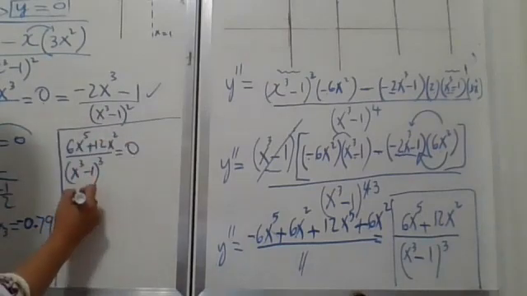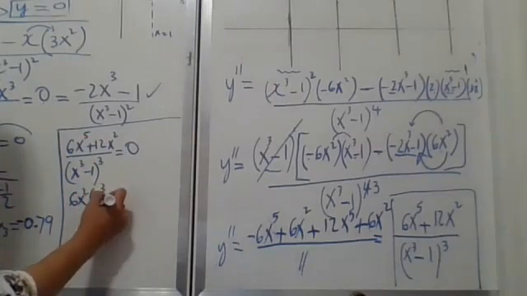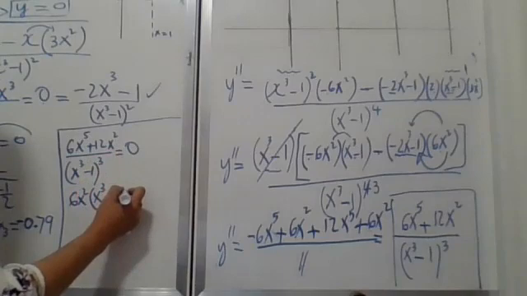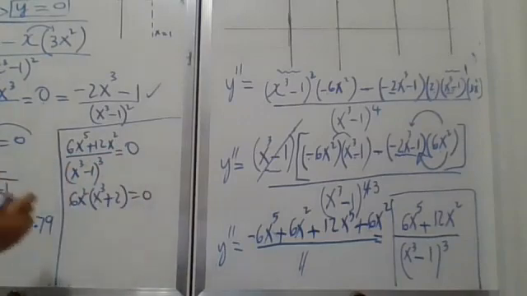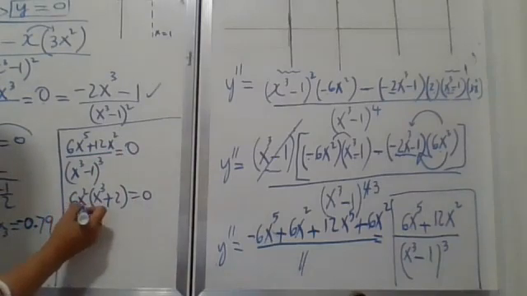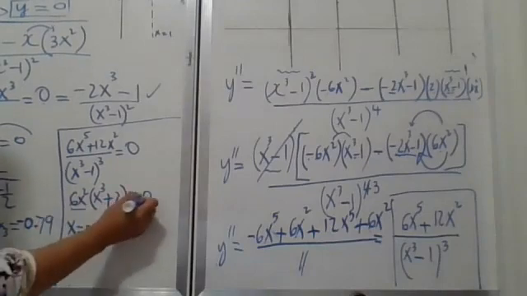So now let's solve for x. So I'm going to factor out the top. So 6x squared times x to the power 3 plus 2, right, equal 0. So that tells us that x will be equal 0 because this one equals 0.